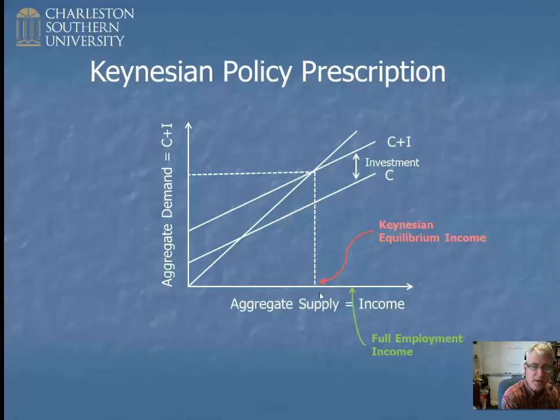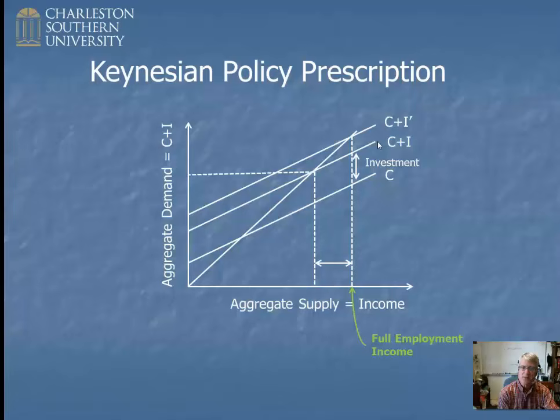So we have an economy operating here, but for everybody to have a job, the economy needs to be operating over here. So Keynes would say what we need to do is somehow stimulate the economy to get this income to move out here to full employment, and the way to do that is to drive up aggregate demand. In this case we've driven it up by increasing investment.